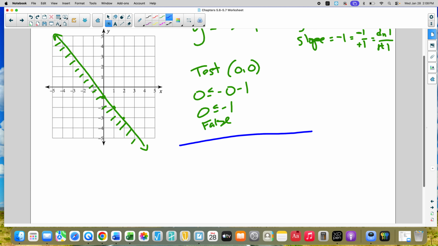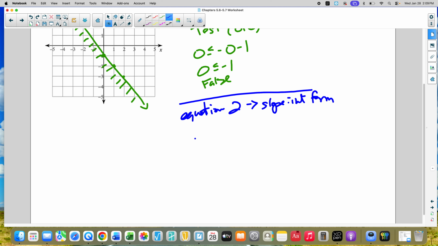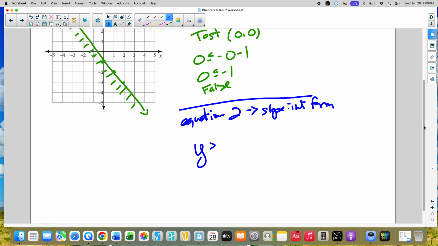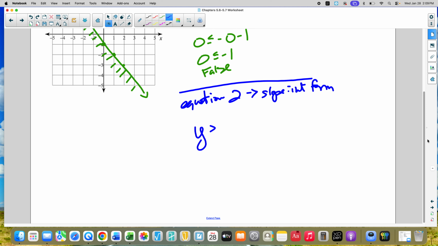Now let's look at equation number 2. Equation number 2 is also in slope-intercept form, and that equation is y is greater than 1/3 x plus 3.